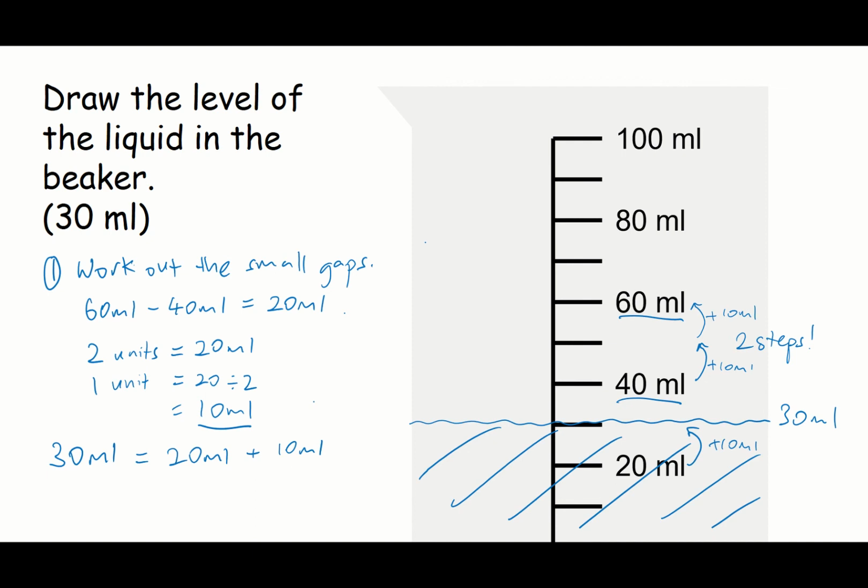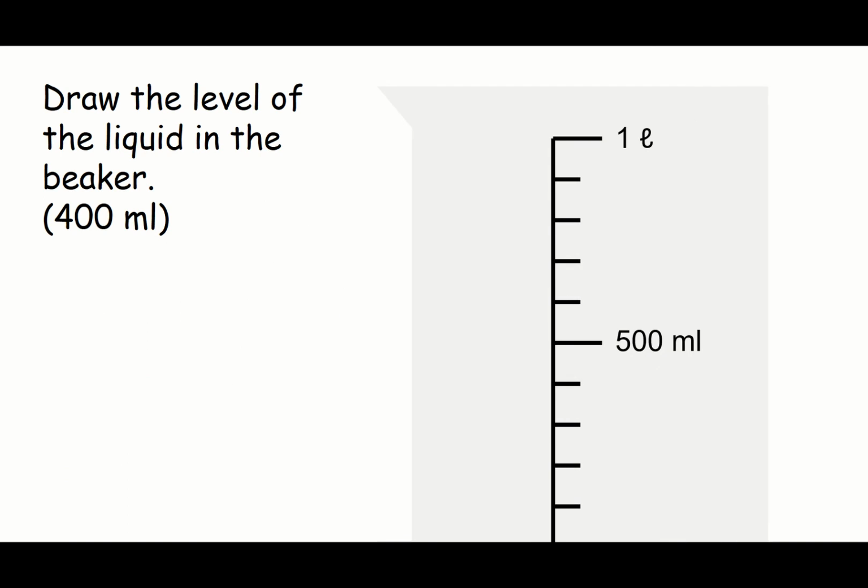Now let's look at another kind of beaker. We have to draw the level of liquid in the beaker again, and now we need 400 milliliters. When you look over here, our first step to solve this question is still to work out the small gaps.